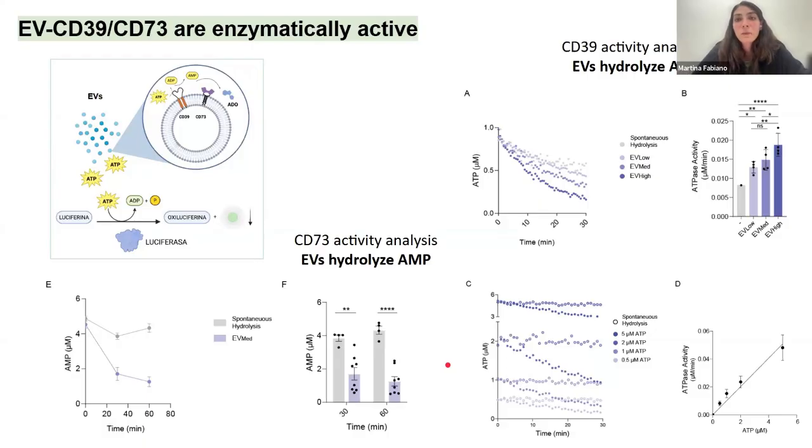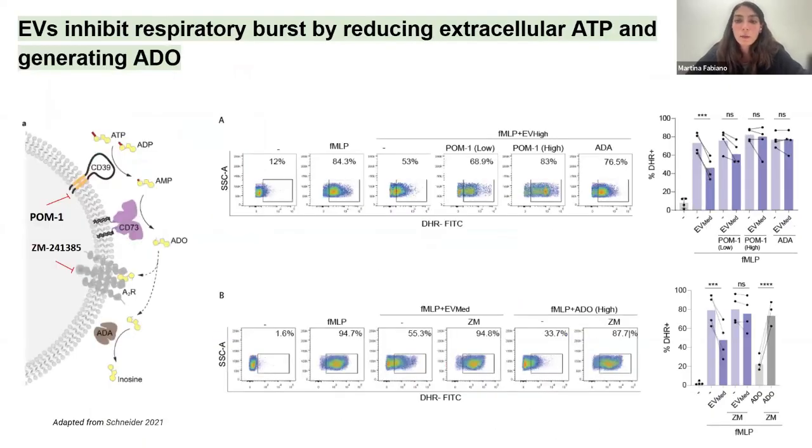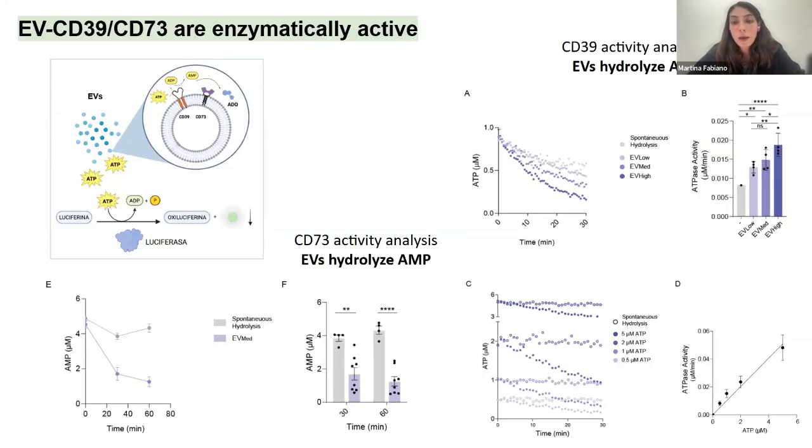However, this didn't mean that these enzymes present in the EVs were the main mechanism involved in the way EVs reduced oxidative burst and degranulation. So we decided to test that.